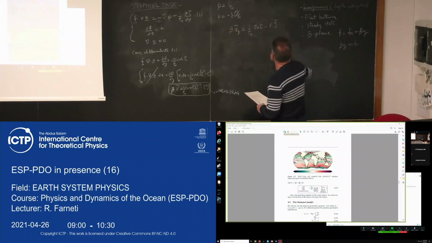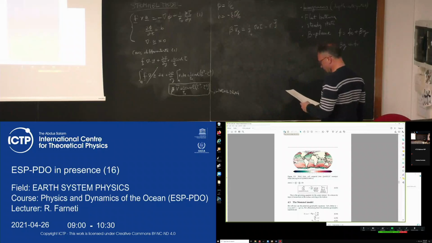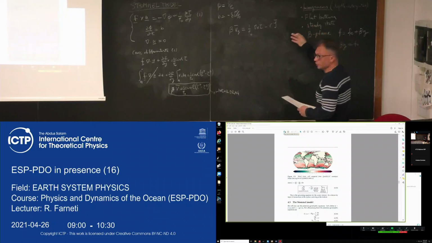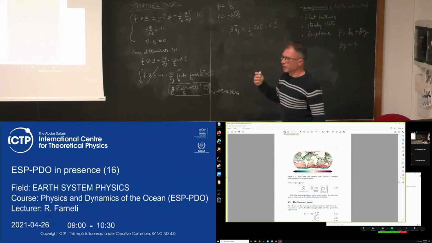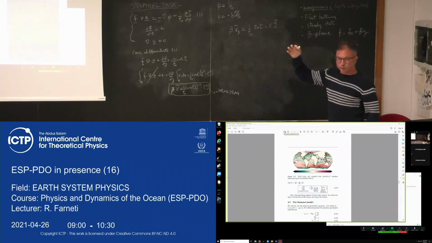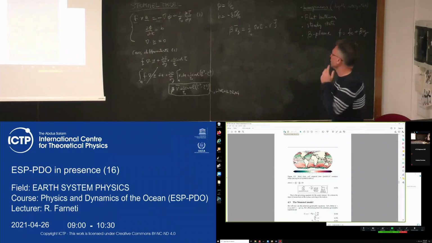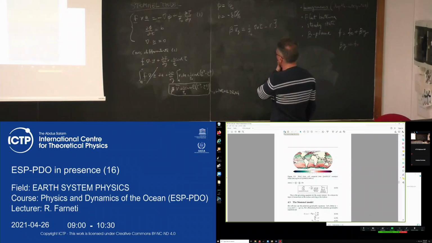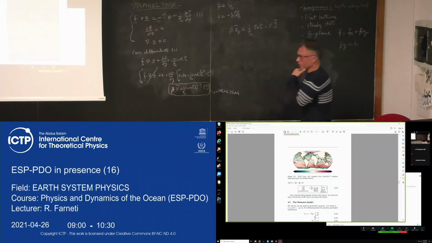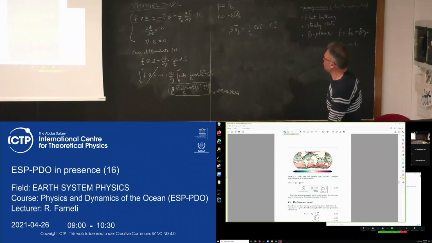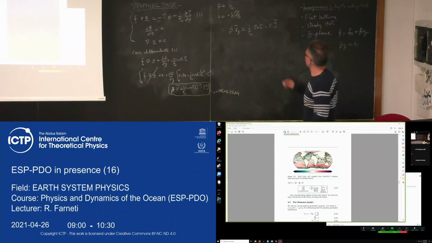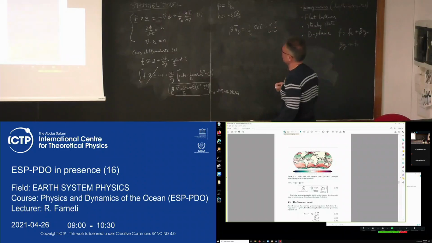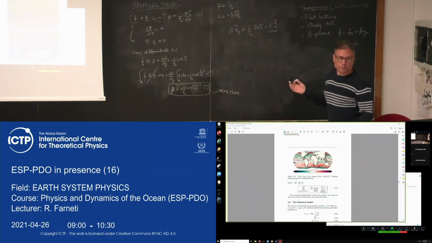And he parameterized that in this way, R and the vorticity of the geostrophic flow. If you remember, the solution for the bottom Ekman layer was proportional to the vorticity of the geostrophic flow and the depth of the Ekman layer. So, because the vorticity of the geostrophic flow is unknown, he parameterized that bottom term with a linear drag or Rayleigh friction.